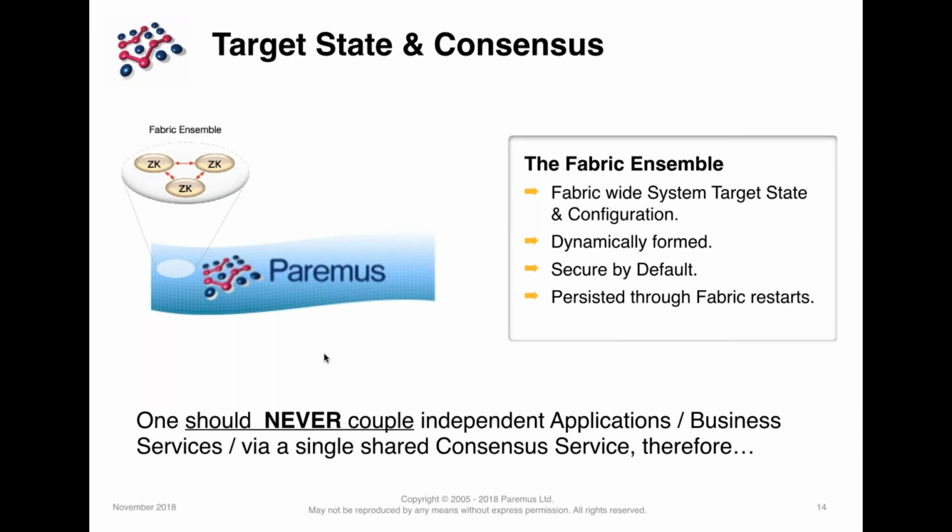But we should never use that ensemble that we've created as the fabric ensemble for applications. If you use a single ensemble for all the applications that need consensus, you end up coupling them all together. And so should there ever be a problem with that infrastructure service, they impact all the applications. Now, because creating consensus services tends to be quite difficult, people do that.